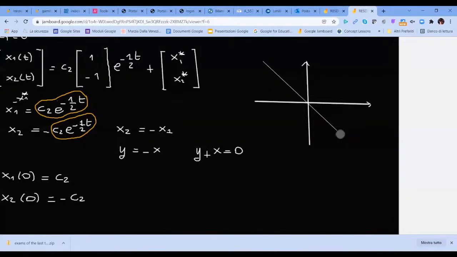This is a straight line. And if you think of the initial condition, x1 and x2 of 0, you could have any point of this straight line.